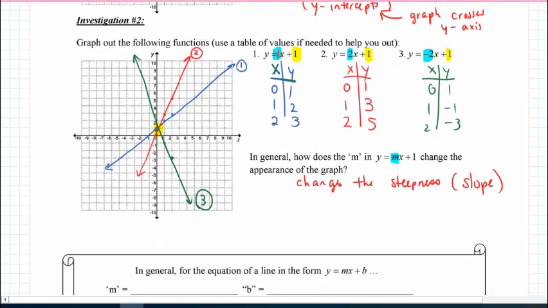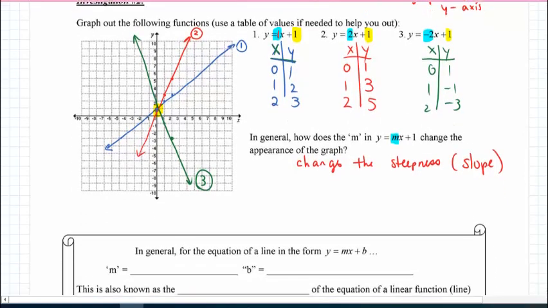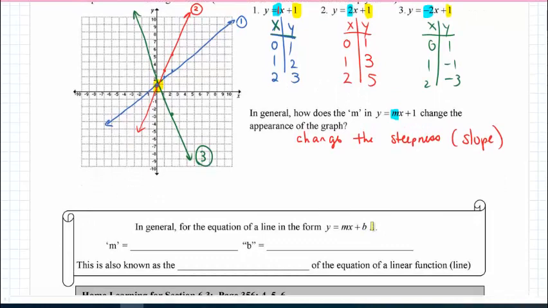So, in general then, in an equation that looks like this, y equals some number or some constant we call m, times x, adding to that another different constant called b, what do you think we have?